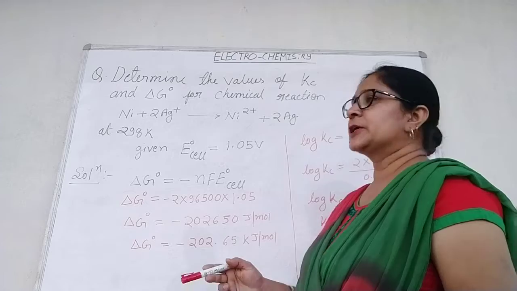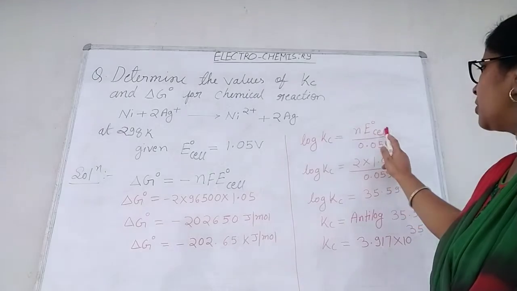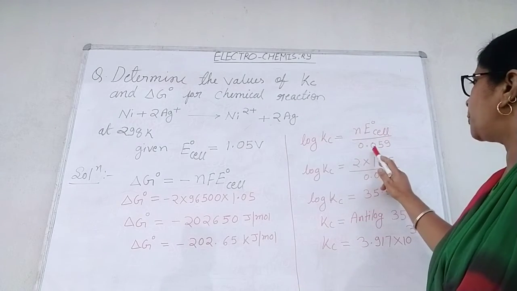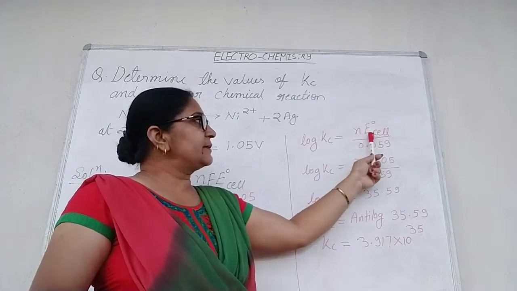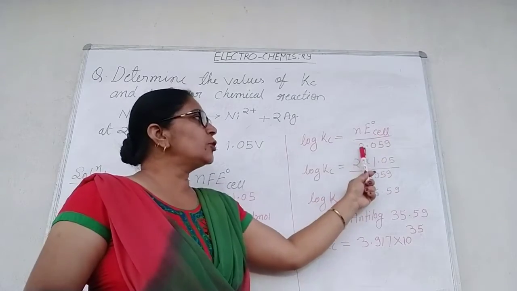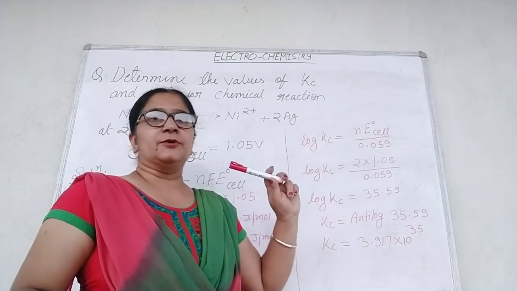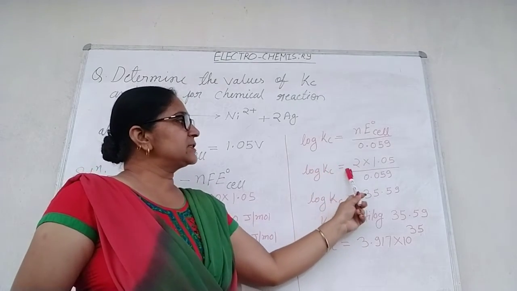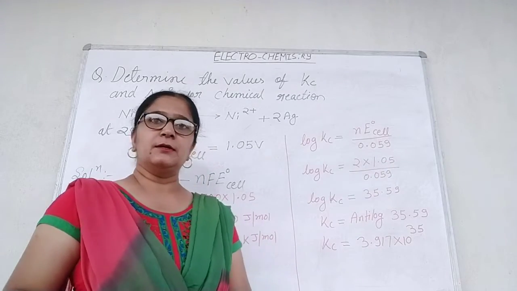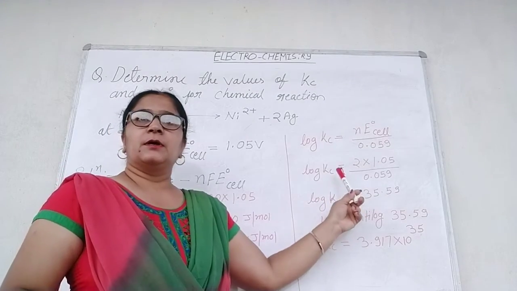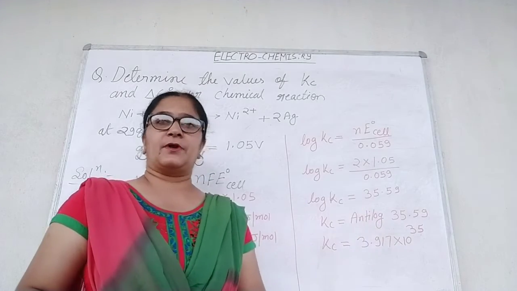In the same way, we can calculate the equilibrium constant. So, we know that log Kc is equal to n E naught cell divided by 0.059. On putting the values, log Kc is equal to 2 into 1.05 divided by 0.059, and solving it, log Kc will be equal to 35.59.